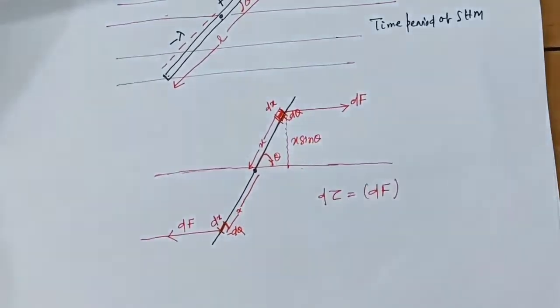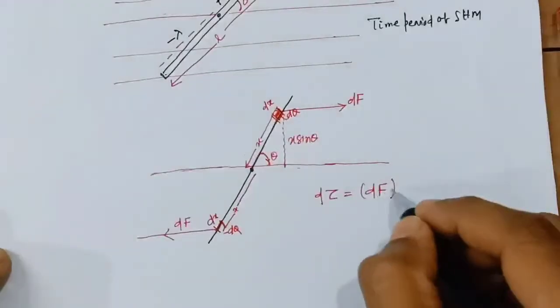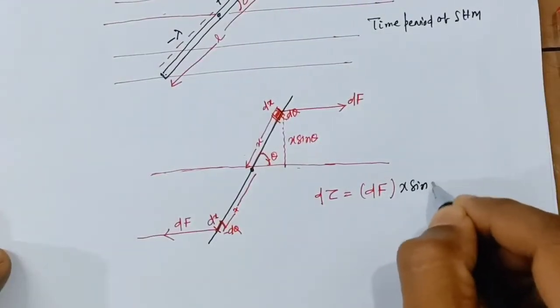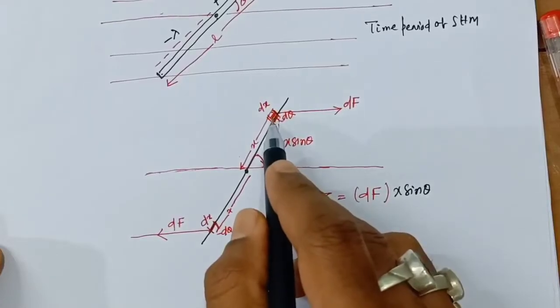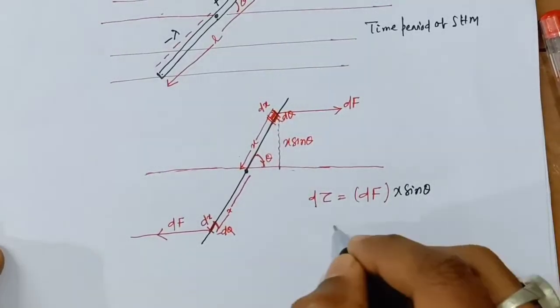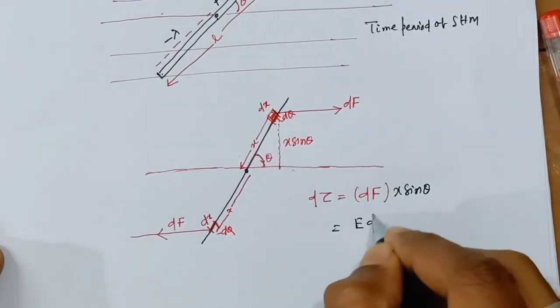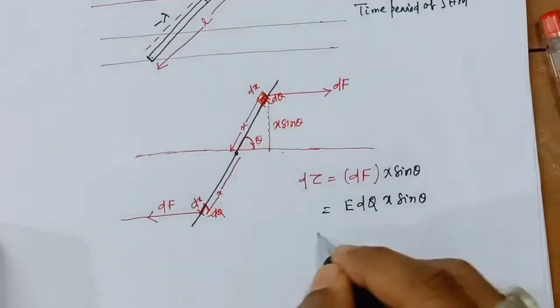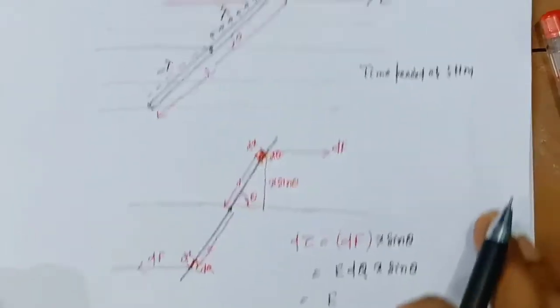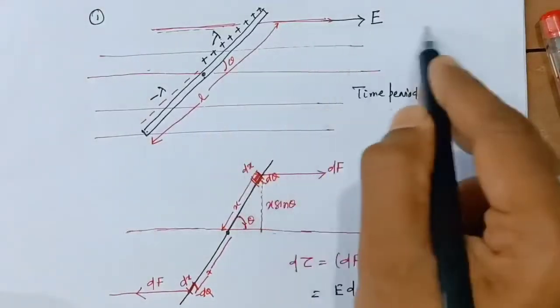I hope the scenario is clear to everyone. So dF into x sin theta is the torque due to this small element. dF can be written as E dq, times x sin theta, where E is the constant electric field.